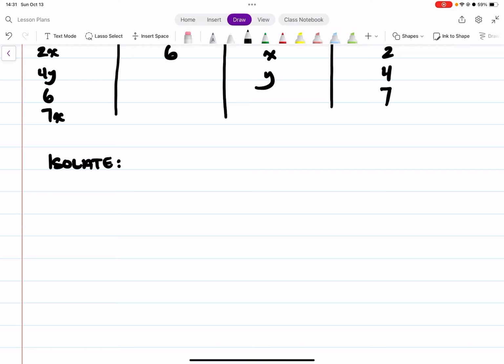So isolating is when you have a variable alone on one side of the equation.